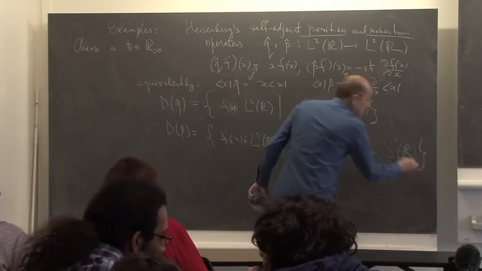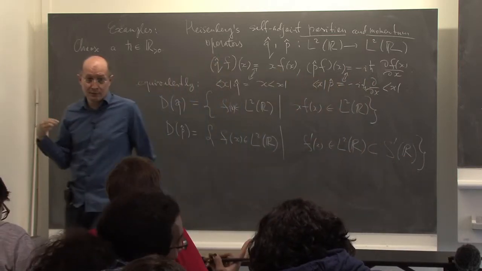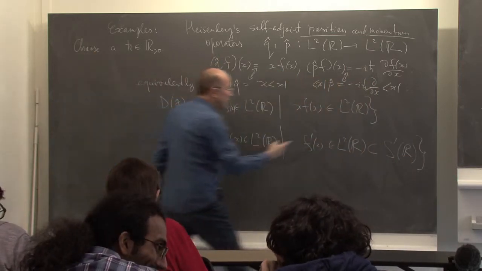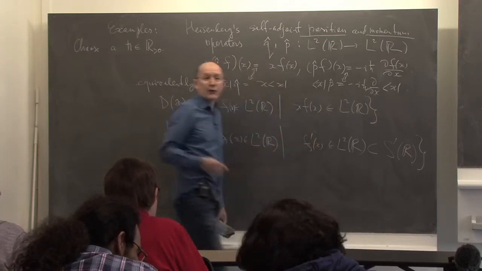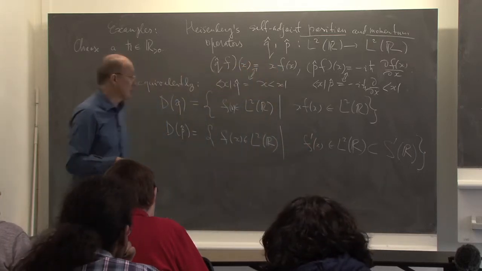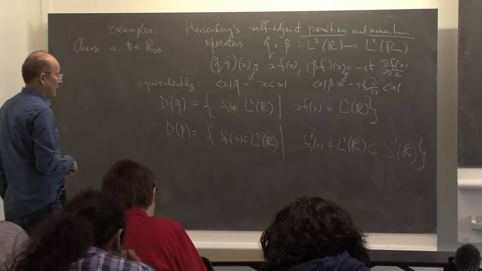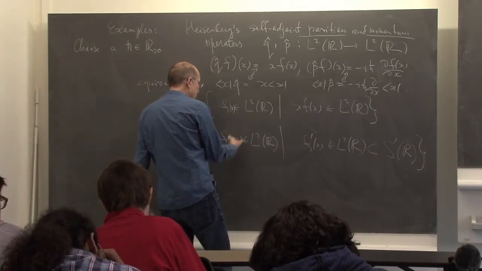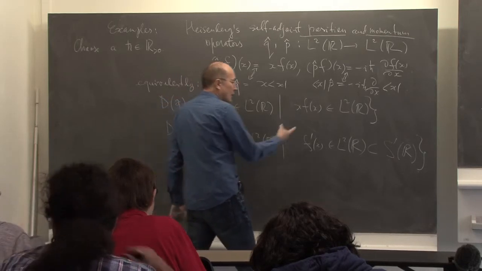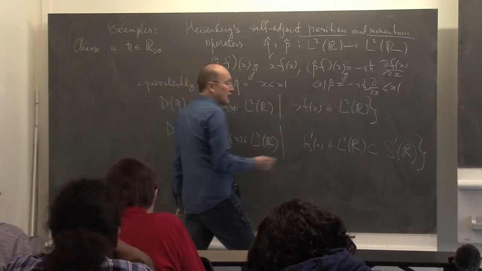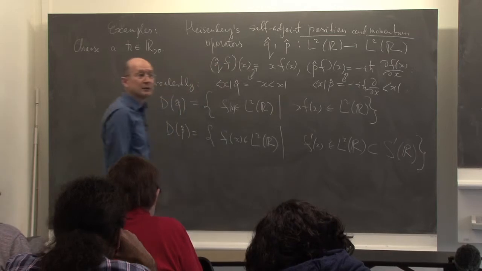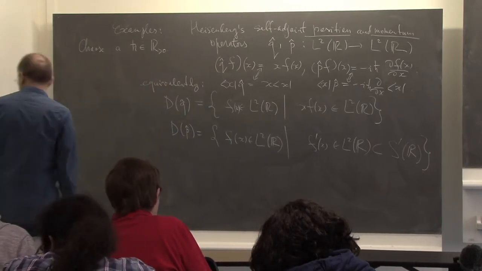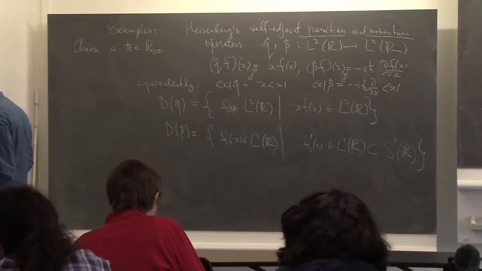But the distributions can be differentiated. So we take a distribution f of x, we take its derivative and check if it is in L2 of R. Then that's the domain, not a very pleasant thing.